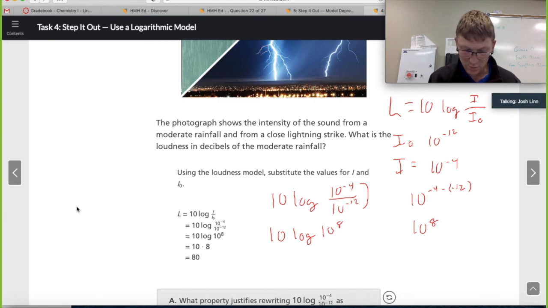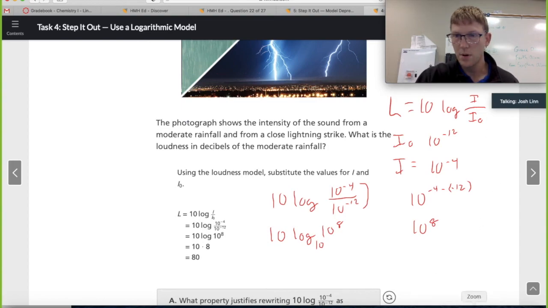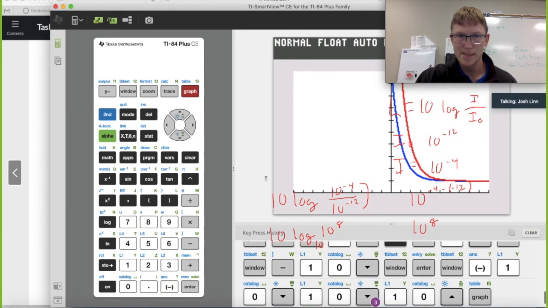How to think about that is: how many times does 10 have to be multiplied by itself to get this number? We already have it in exponent form, so it would take 8 times. So how do you use that on the calculator? We'll pull up our handy dandy calculator.